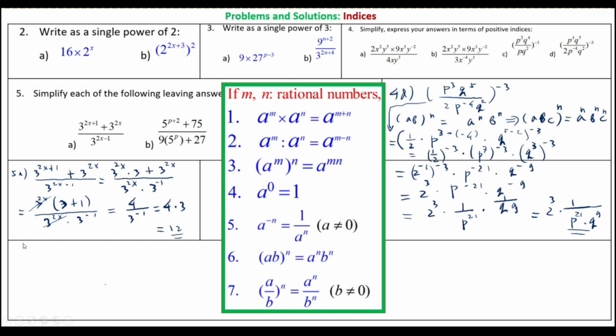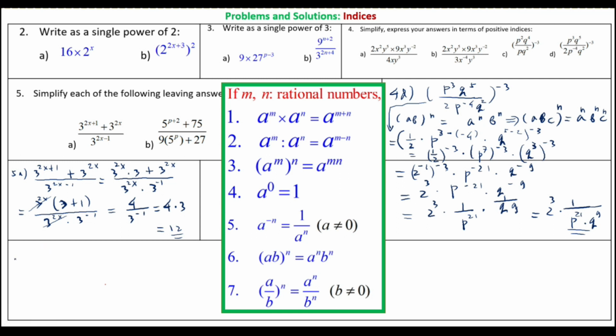So using again the first index law from right to left, 5 to the power of p plus 2 equals 5 to the power of p times 5 to the power of 2.